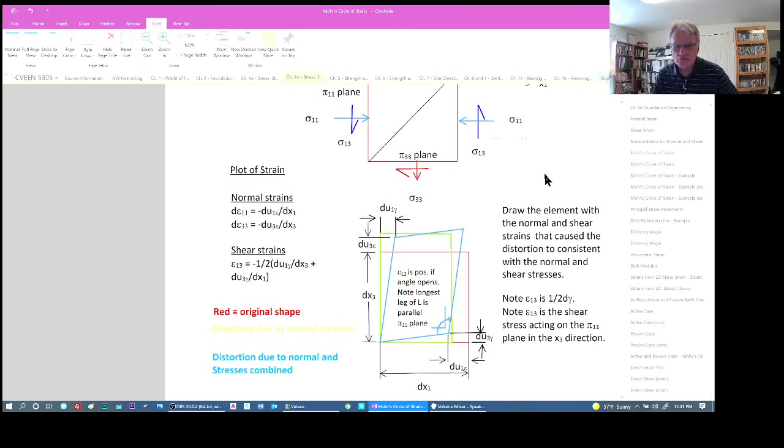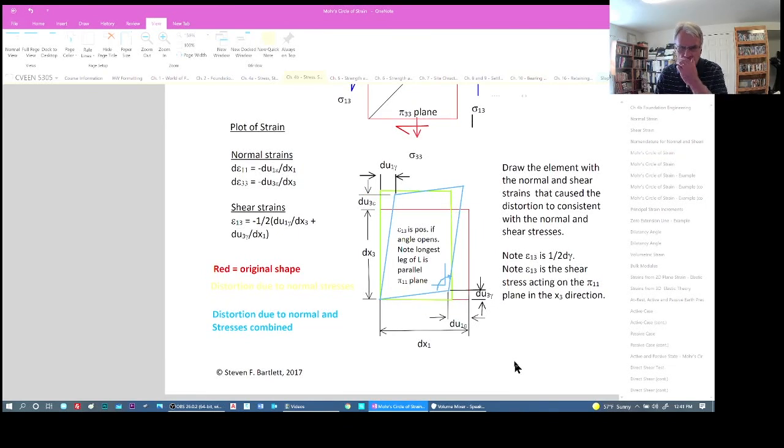Okay, so let's see how we define what is positive and negative shear strain. If we focus maybe on this diagram here, and if we look at the strains that are happening on these two planes, the normal strains and shear strains, if those shear strains cause the angle there to open up, or the L to become increased, then that is positive.